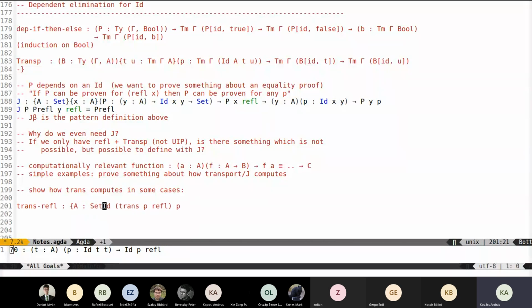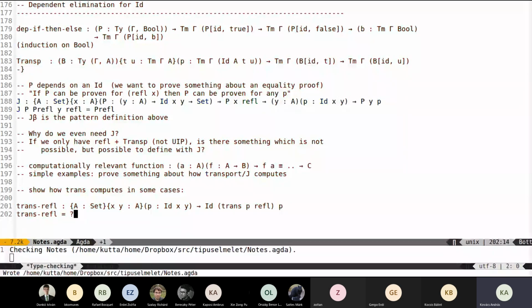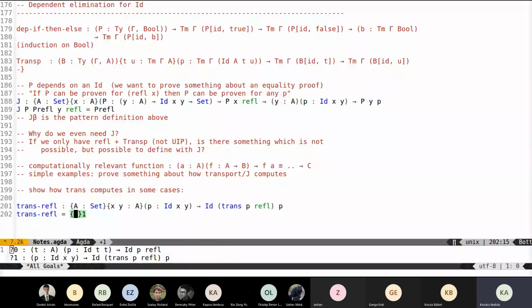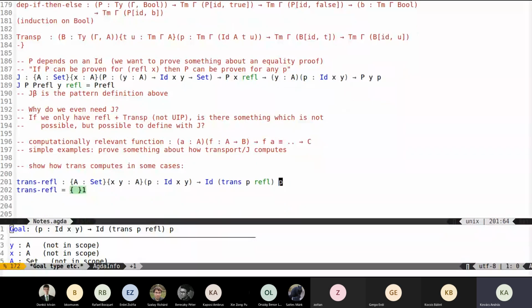So if I have an A, which is a set, and I have a P, which is in Id of X Y, then of course I also need an X and a Y. So X, Y, A and P in Id of X Y. For example, I want to prove that this equality proof is the same as P. And then I can use J to prove this.